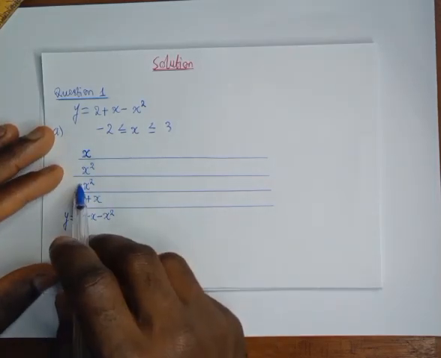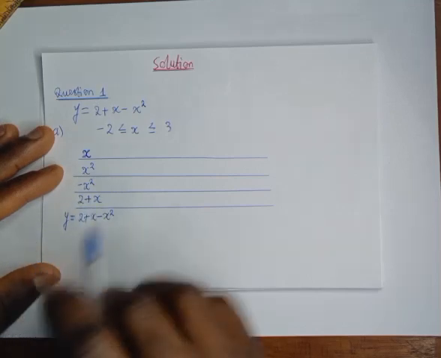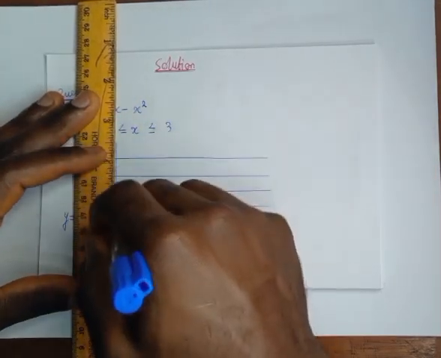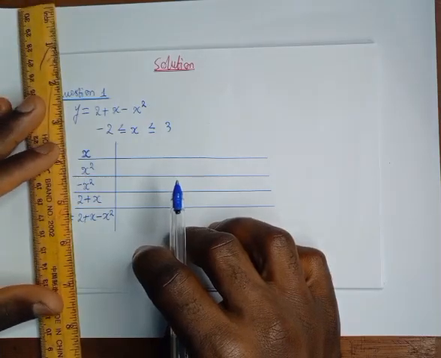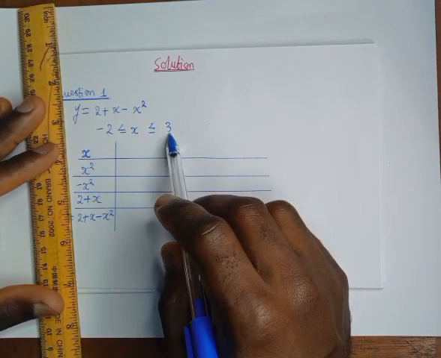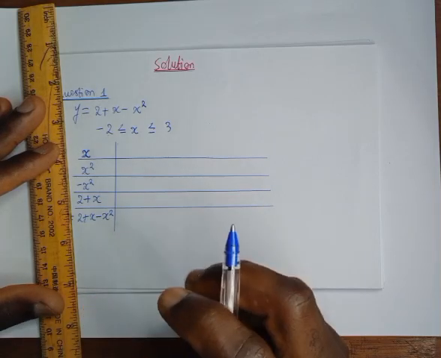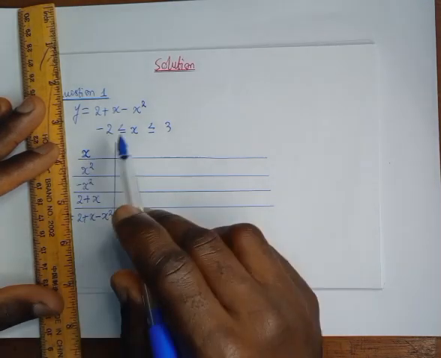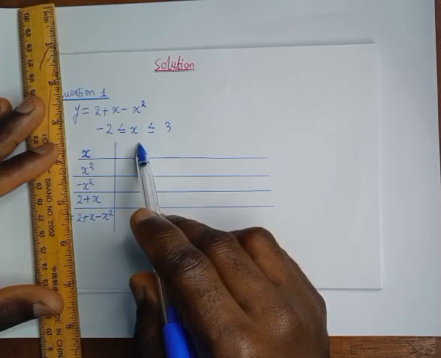That means we are going to add negative x squared to this result. We have been told that x takes values from negative 2 to 3 inclusively, but we are going to make use of the whole number values. So that means we cannot take x to be 1.5, 2.5.